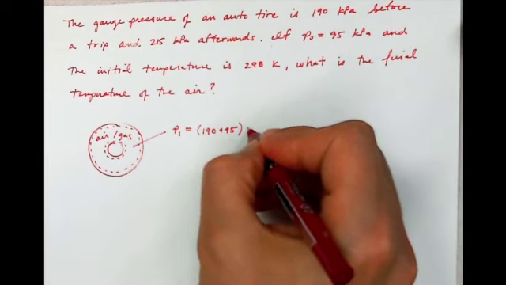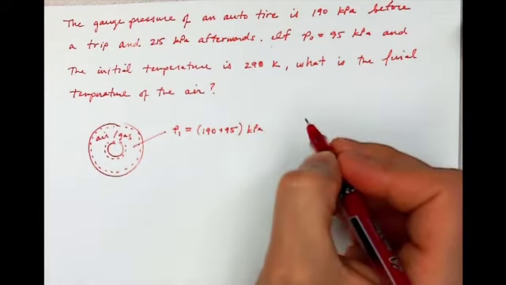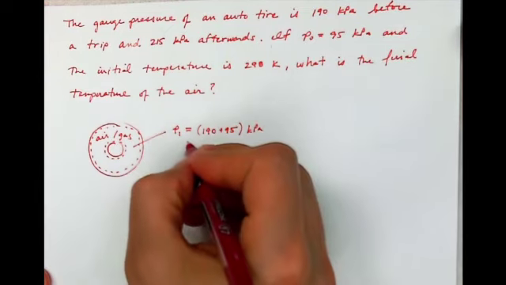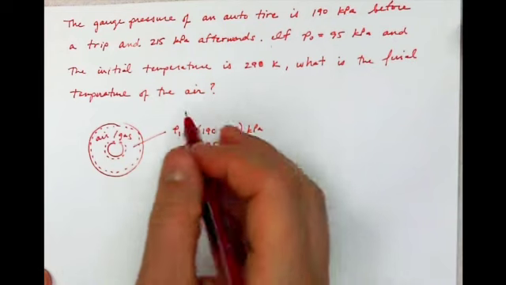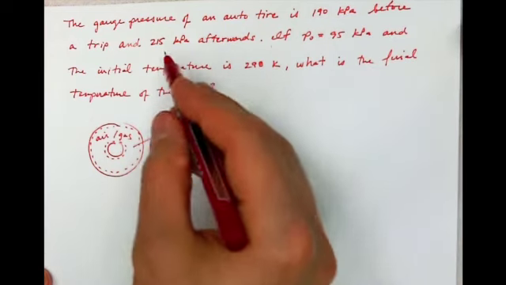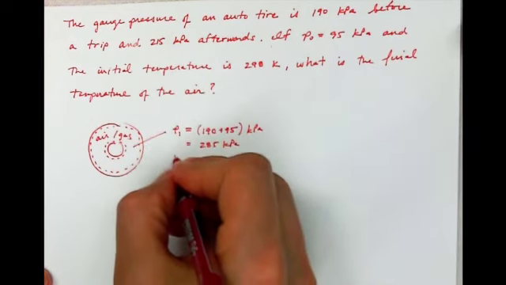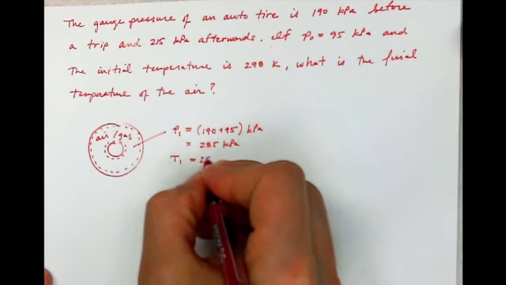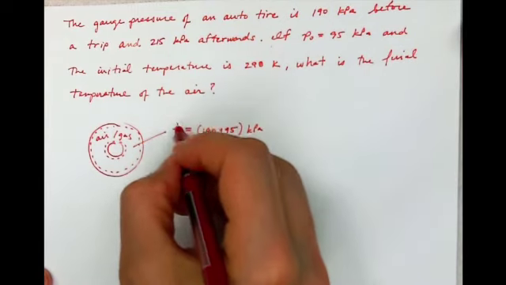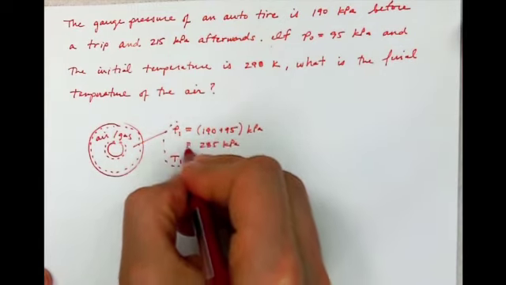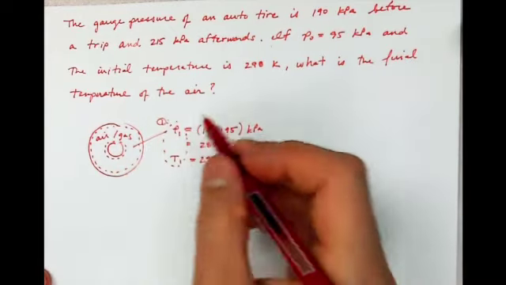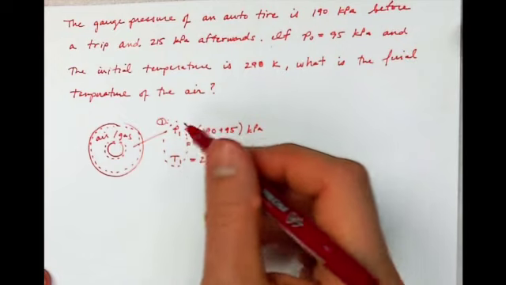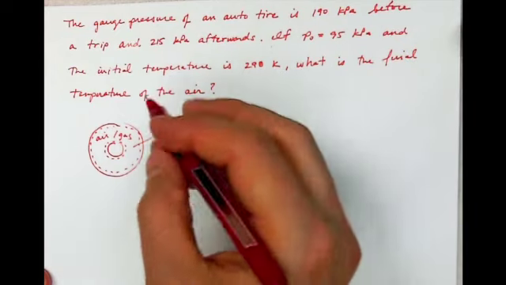In this case, we get 285 kilopascals. And then we're told that the initial temperature, which is also given, is 298 Kelvin. And we circle both of these, since we know that now at state 1 we really know everything. Given 2 independent intensive thermodynamic properties, the others are determined.